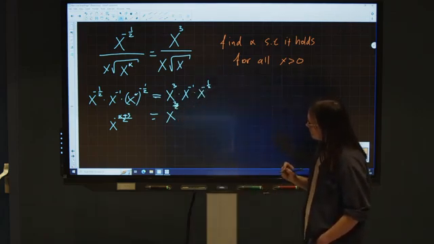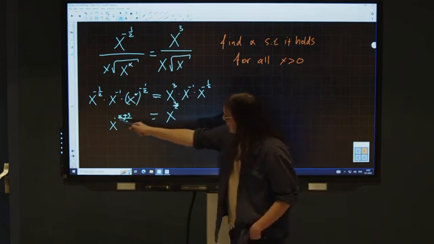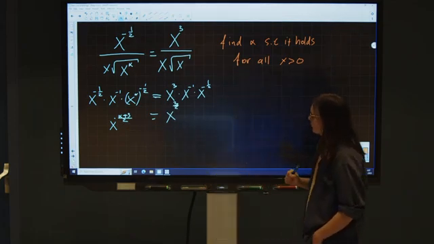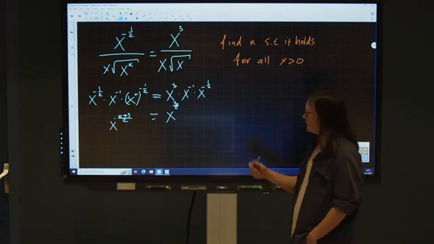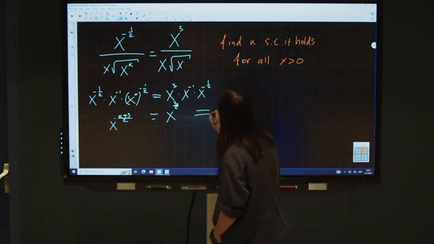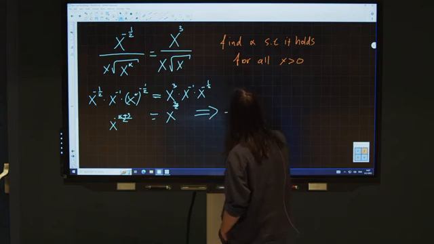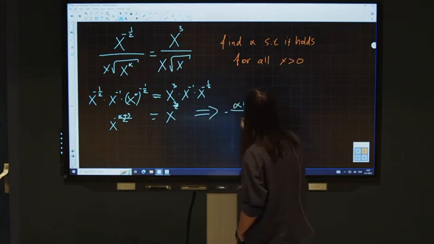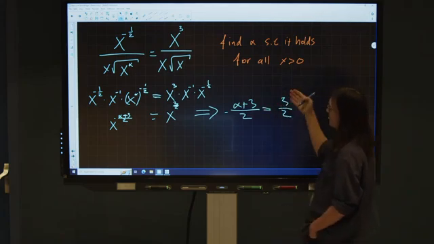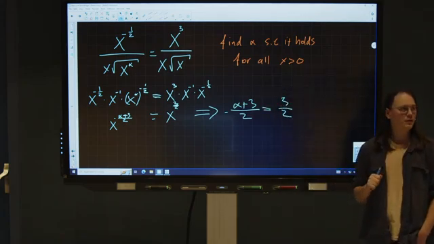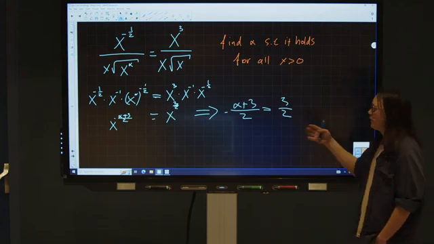Right? So our equation becomes x to the power minus alpha plus 3 over 2 equals x to the power 3 over 2, which yields us that equation that I was talking about, namely minus alpha plus 3 over 2 equals 3 over 2. And that's now just a simple linear equation for alpha that we can solve step by step, right?